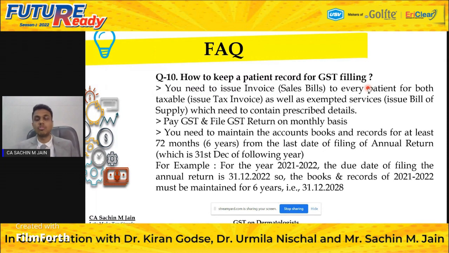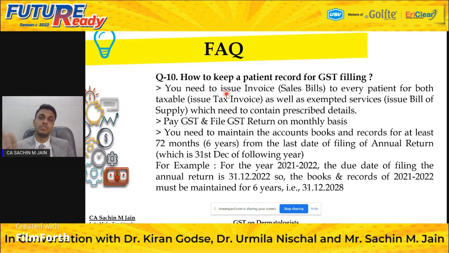How to keep patient records for GST filings? You need to issue invoices to every patient for both taxable as well as exempted services, and you need to keep all the records with you. You need to prepare and report to the government your exempted sales, your taxable sales, your purchases, your ITCs, and you need to make the payment of taxes on a monthly basis.